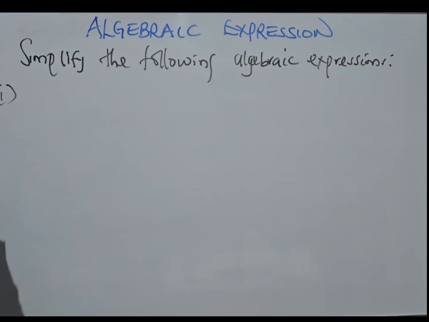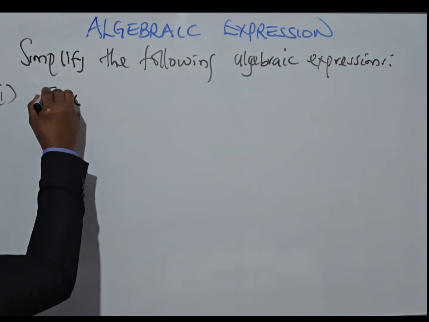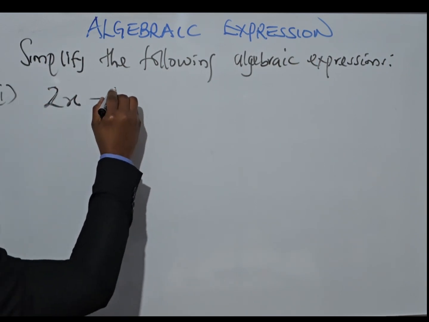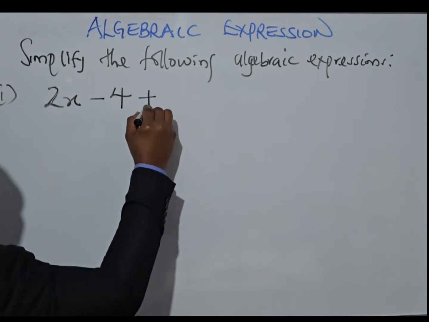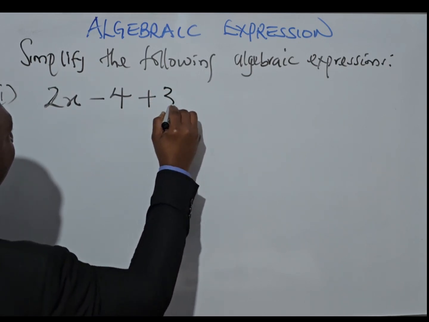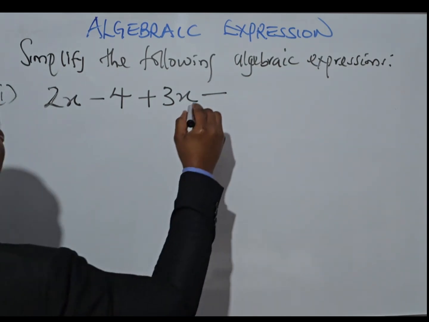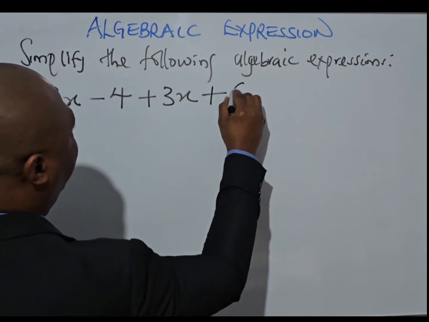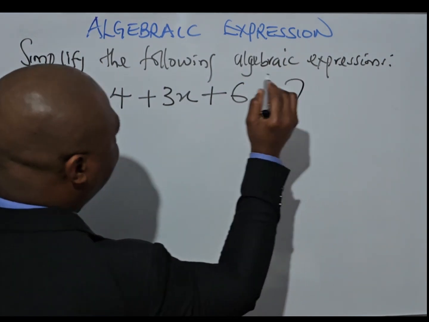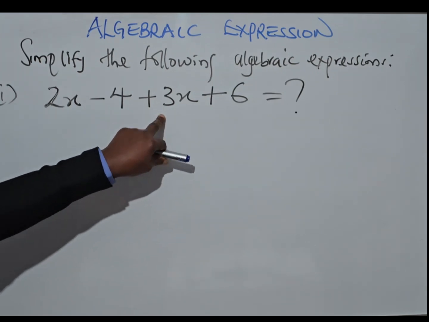One: 2s minus 4 plus 3s plus 6. What is the answer? 2s minus 4 plus 3s plus 6.